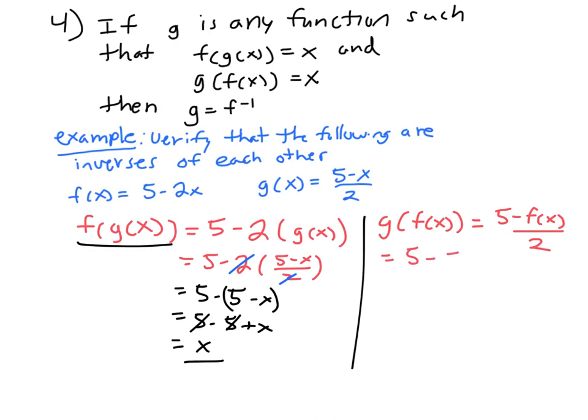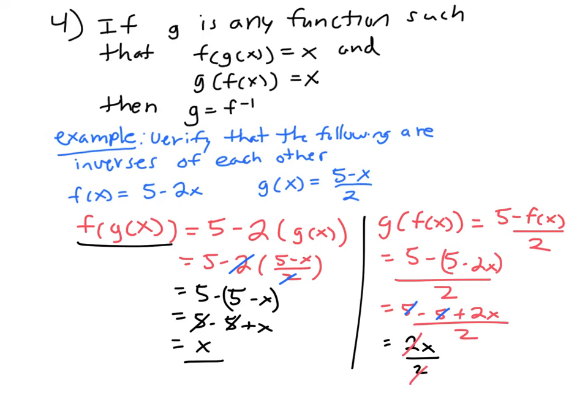So that is 5 minus 2x, in parentheses, divided by 2. Let me distribute the negative sign: 5 minus 5 plus 2x, divided by 2. The 5's cancel, so I have 2x divided by 2. The 2's cancel, and I get that this equals x.